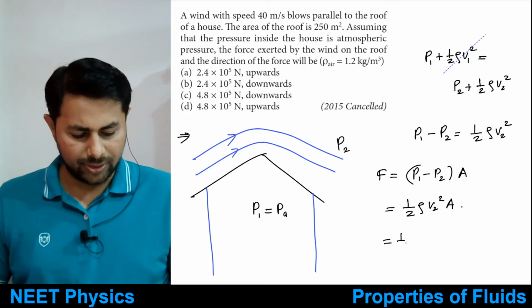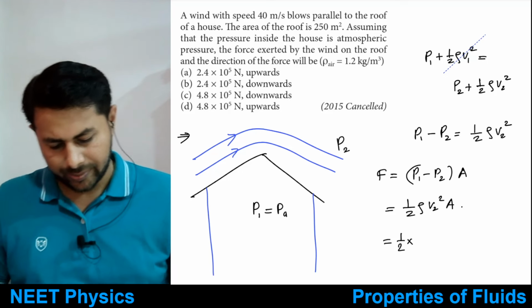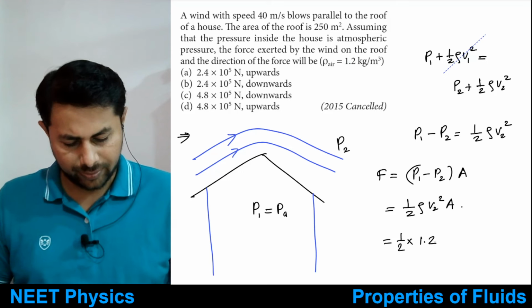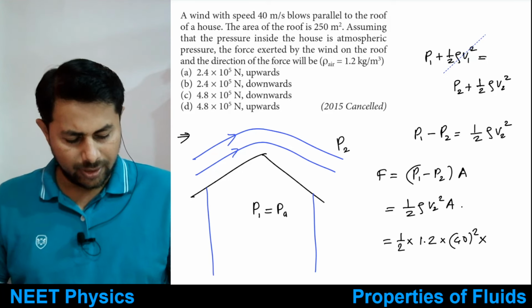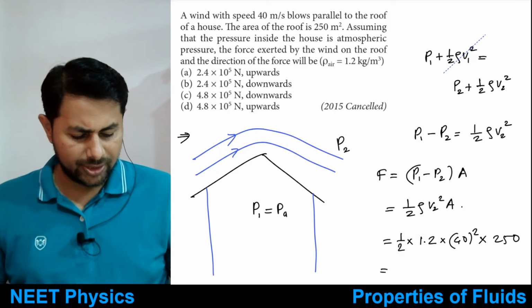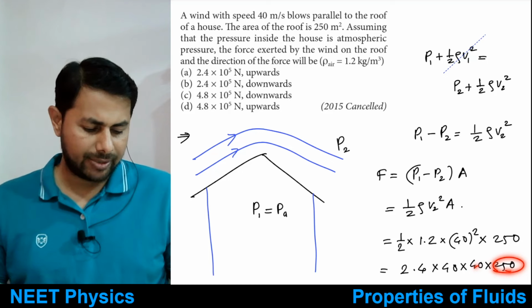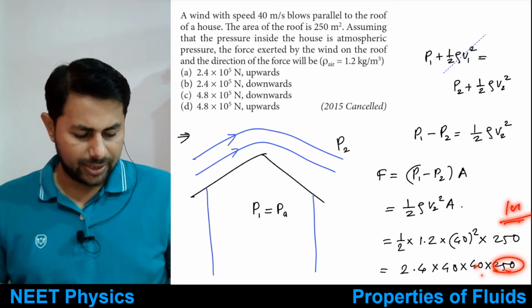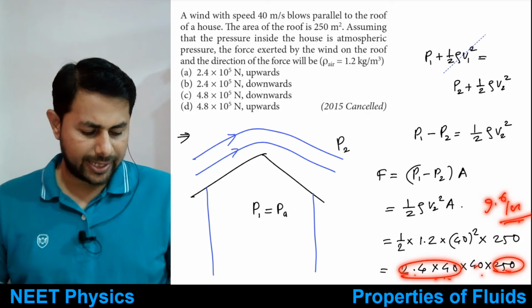So just substitute the values. Density is 1.2 kg per meter cube, V2 square is 40 square, multiplied by area 250. Let's multiply this out.